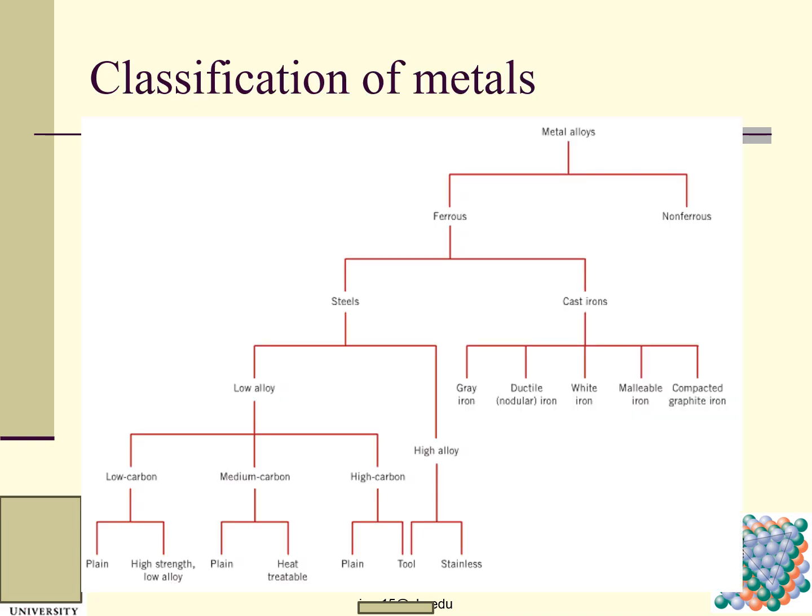So remember, this is the classification diagram I showed you last time. Here are the metal alloys. We have ferrous and we have non-ferrous.